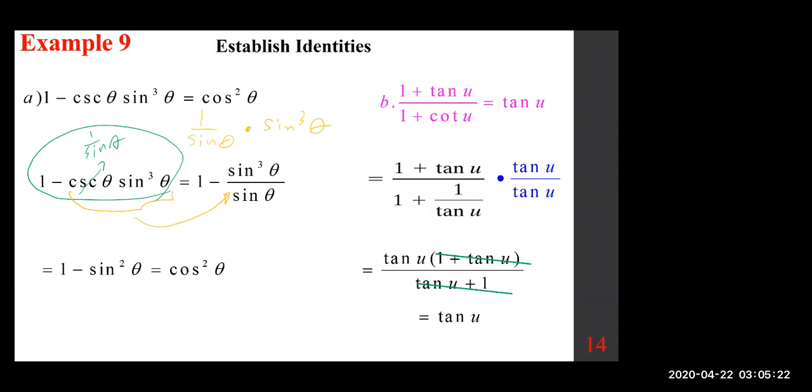So sine cubed over sine is sine squared. And 1 minus sine squared is cosine squared. And that's the right side, and we're done. Okay, I see. Thank you. My pleasure. Everybody is okay with the question and the answer, class?